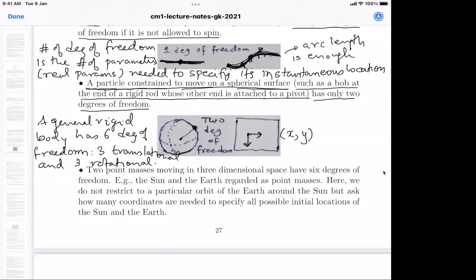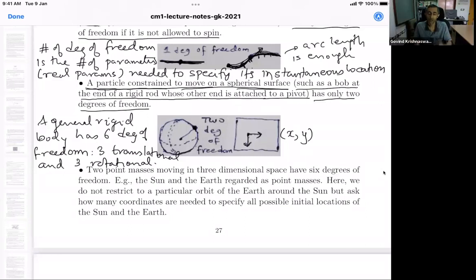So why 1, shouldn't it be 3 more? Well, it depends what kind of bead you have. I'm thinking of a rigid bead which is attached to this rod, and all it can do is move on the rod or you can spin it.